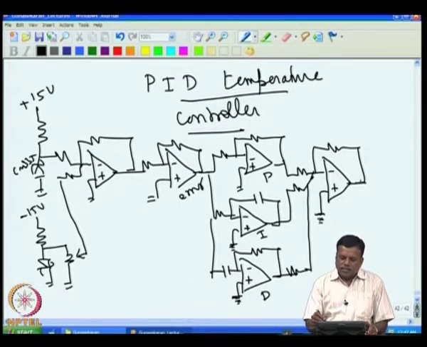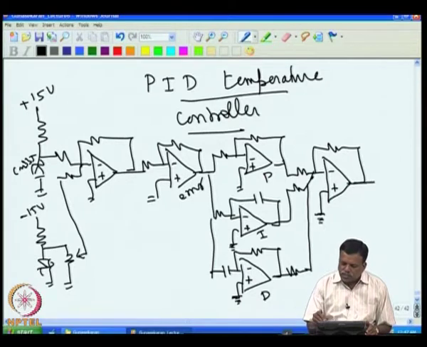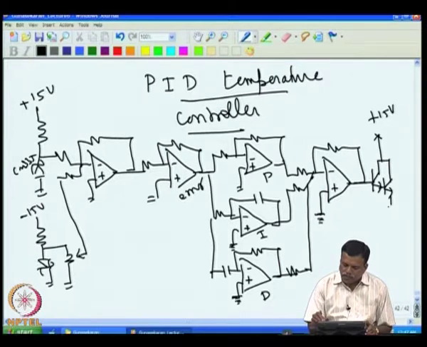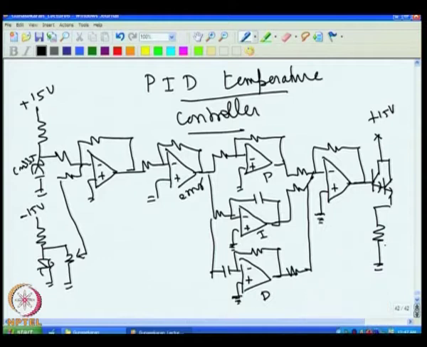So, you get the summed-up voltage that should drive the heater now, that heater drive can be put now. And then connect the heater. So, you have a heater here. Of course, this heater is actually physically coupled to the sensor here.